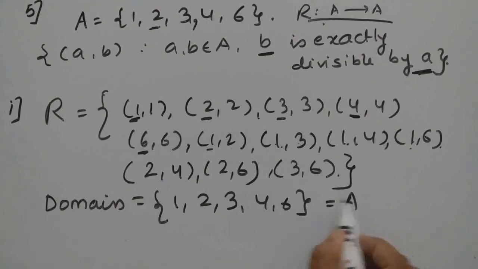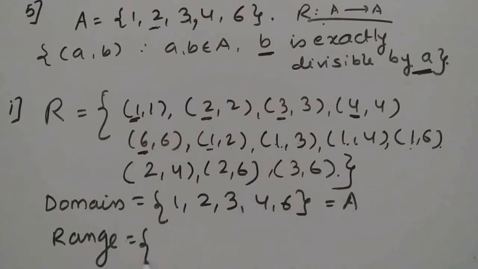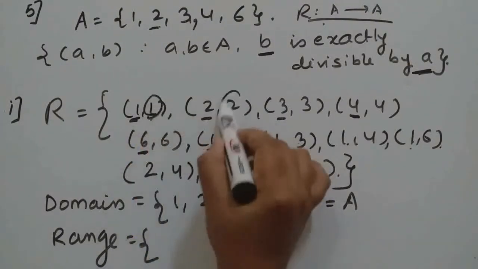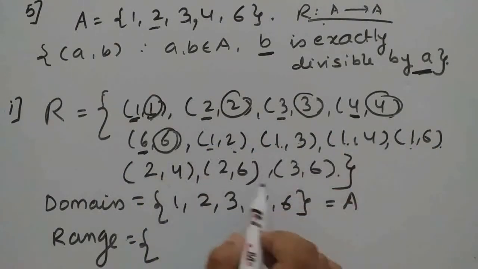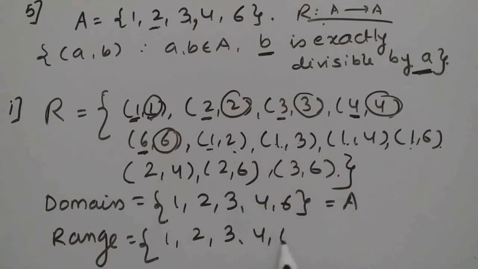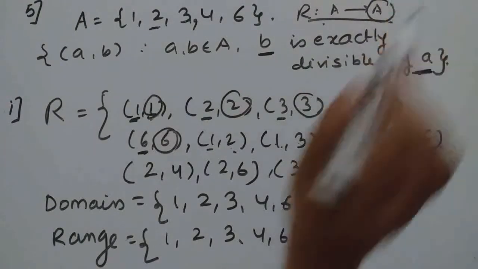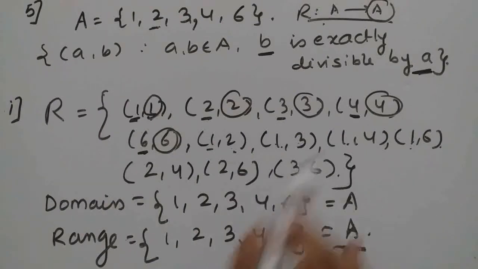All the elements of A. Then range will be the second elements: 1, 2, 3, 4 and 6, again the same set A. And here the codomain is also A. So for this particular example also, codomain and range are equal.